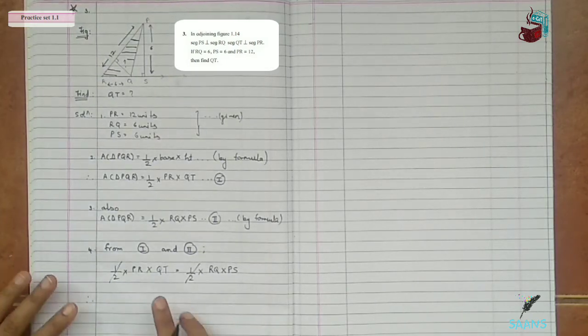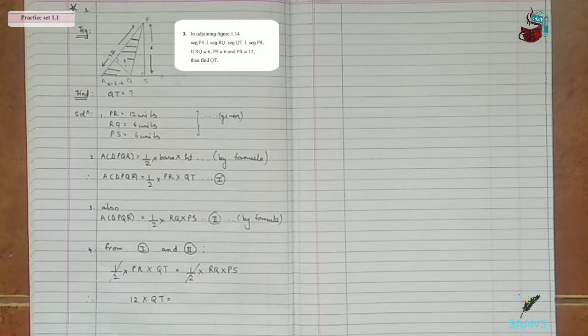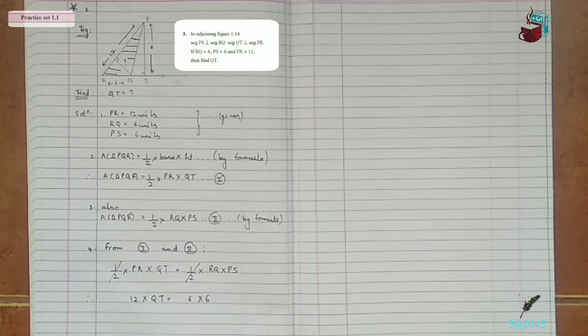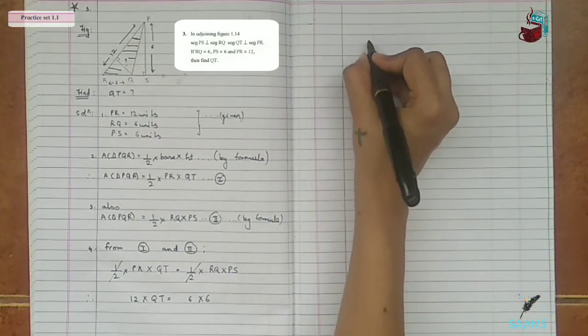Okay, now in this case we start putting the value. PR is nothing but 12, we do not know QT, we write it as it is. Okay, RQ is 6, PS is 6. Okay, so here I'll continue the sum.